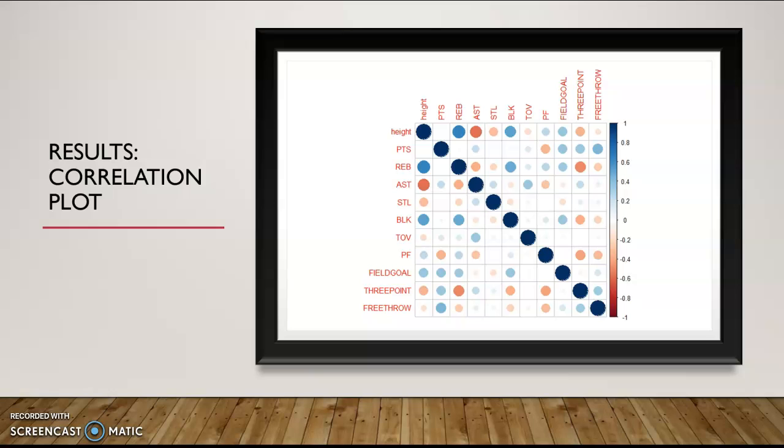You can see that the top three strongest correlations here, which are the biggest and the darkest circles, other than obviously height on height, are rebounds, assists, and blocks, which coincidentally enough are three of the top four strongest predictors in the previous model. Also, looking at the colors, blocks is blue, which means a positive correlation, and assists and steals are red, which means a negative correlation, which is just the same as the signs were on the forward selection model.